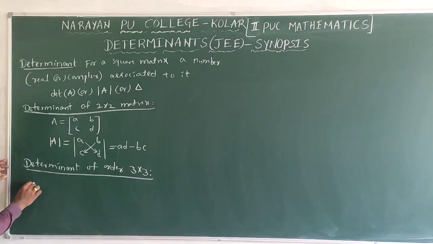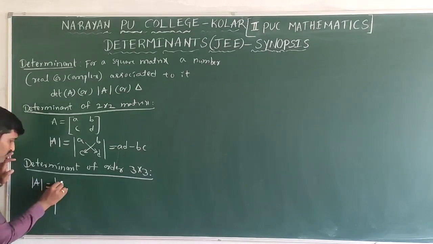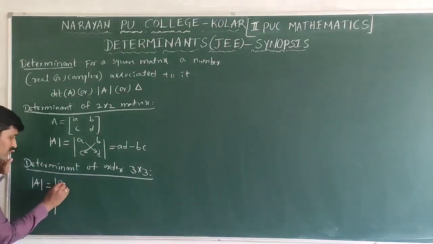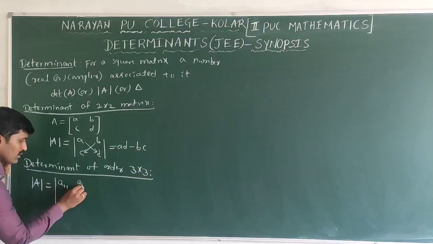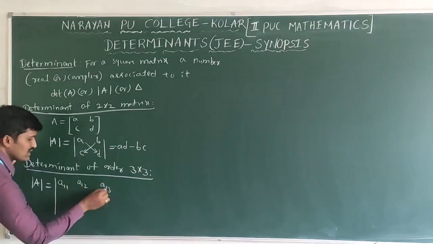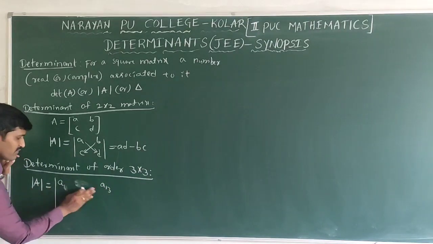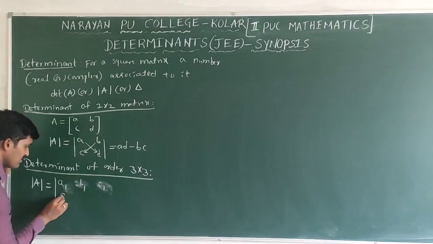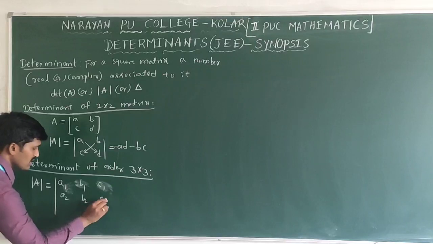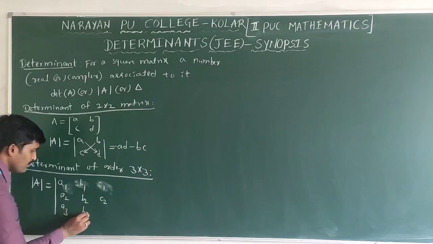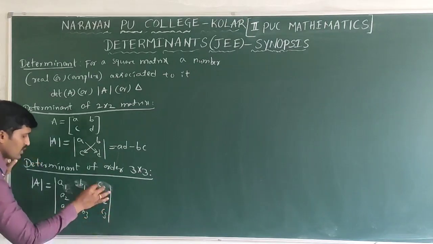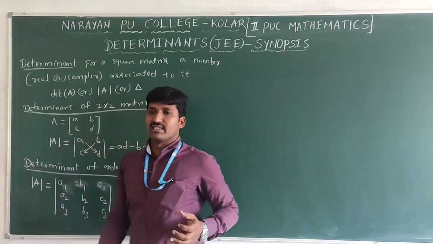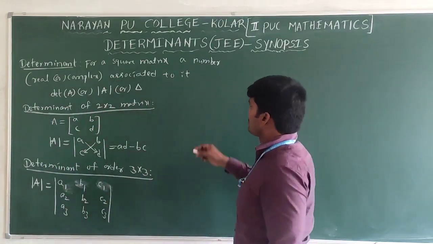For example, det A is given like this: det of a11, a12, a13, or for easy purposes, a1, b1, c1, a2, b2, c2, a3, b3, c3. You want to expand this to find the value of the determinant.